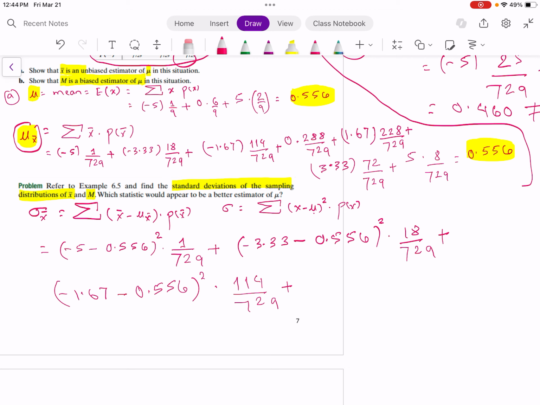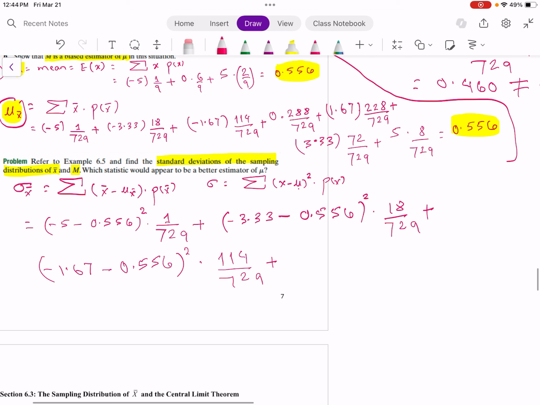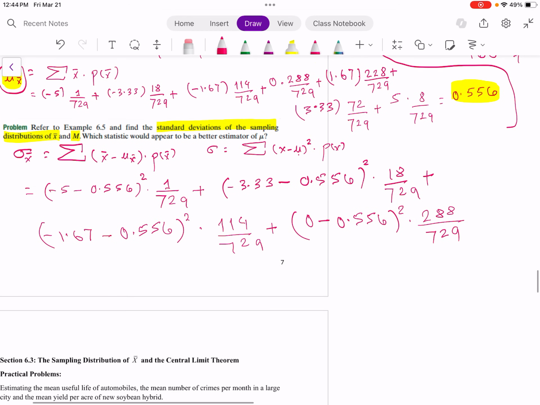Let's take another value of X bar, which is 0 minus mu of X bar, which is 0.556, squared, multiplied by its probability 288 divided by 729, plus. We have another value of X bar, which is 1.67 minus mu of X bar, 0.556.